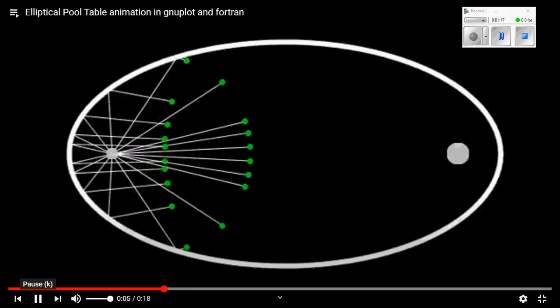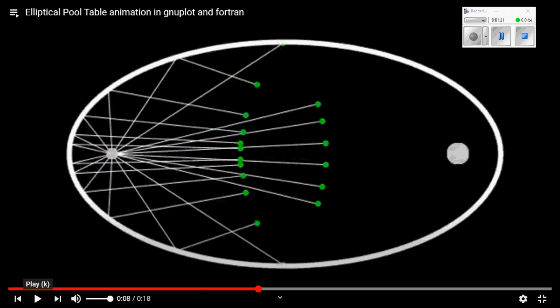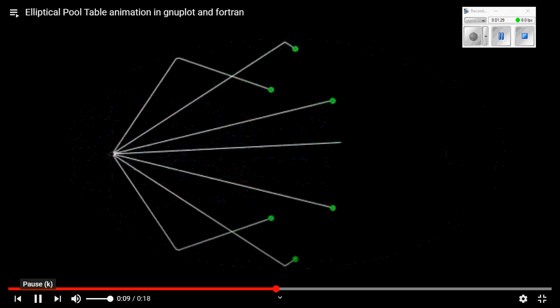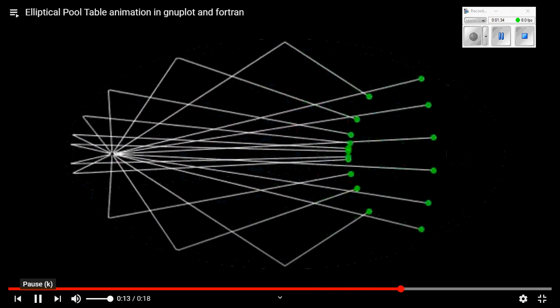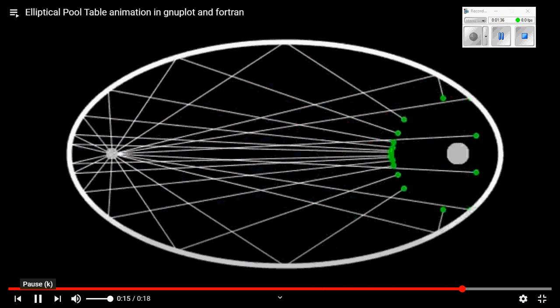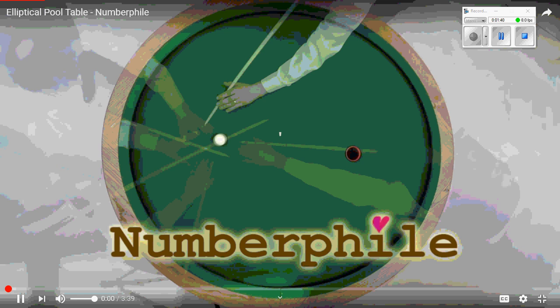But everything that leaves that bounces off of the wall. And where do you think it's going to end up? Right at the other focus. So if you have something that is an ellipse, that is enclosed, they all hit there. Okay.